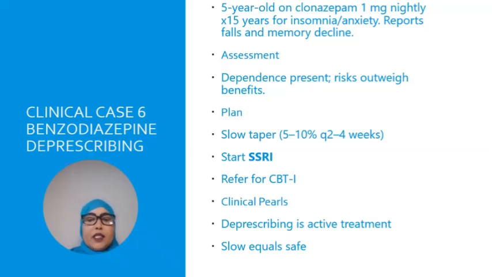Your plan is a slow taper of 5 to 10% every 2 to 4 weeks, and then you will start SSRIs, and also you will begin or refer to cognitive behavior therapy.